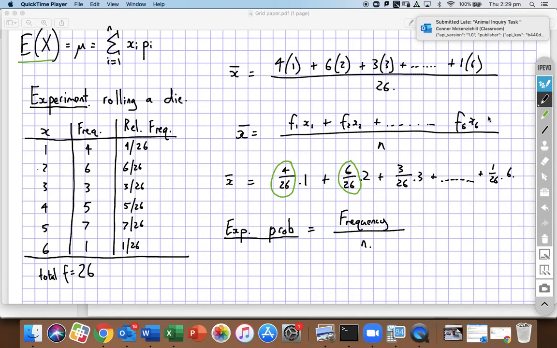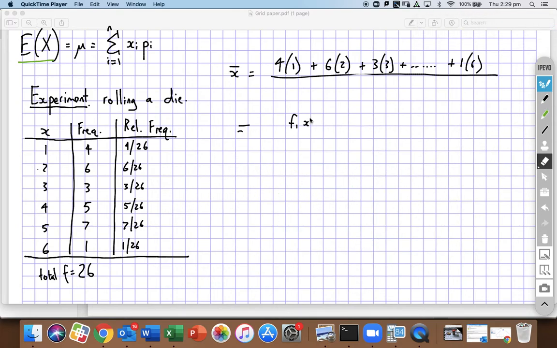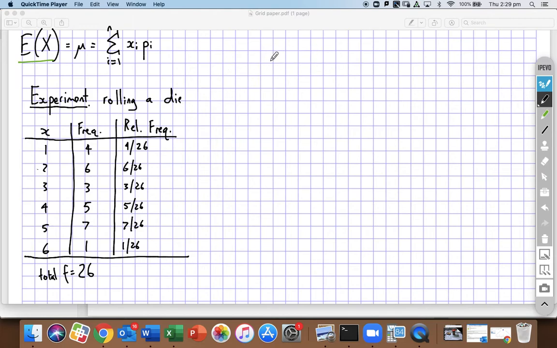Okay, if you just thought of a really simple average, like say I wanted to get the mean of some numbers, I don't know, 3, 4, and 9. So what would I have to do?